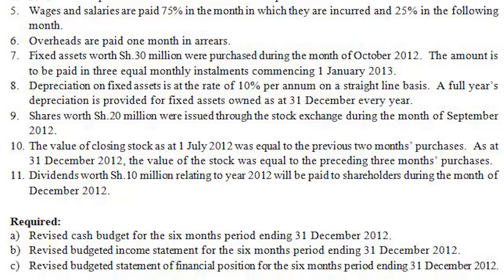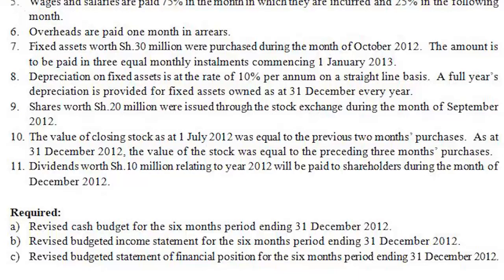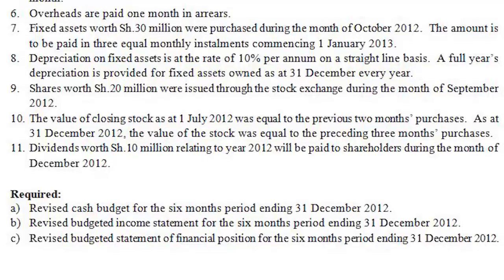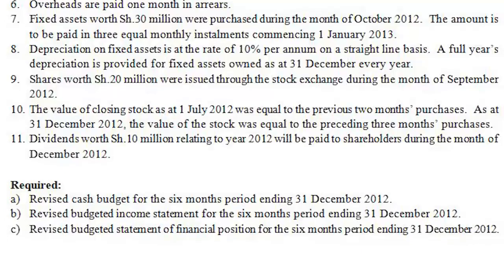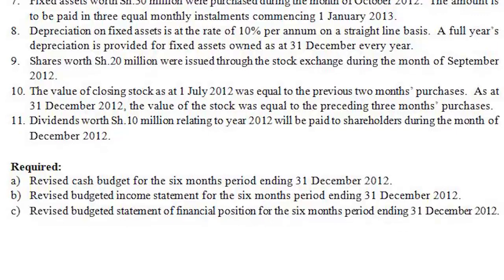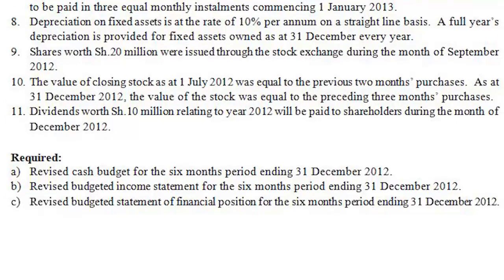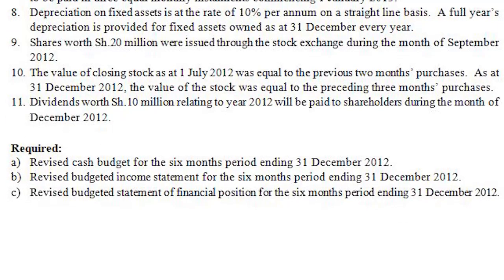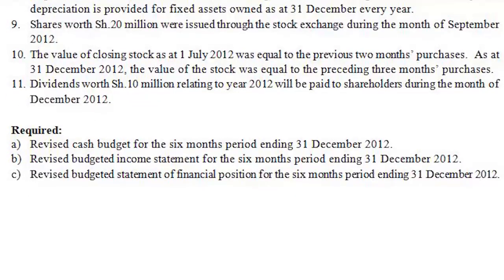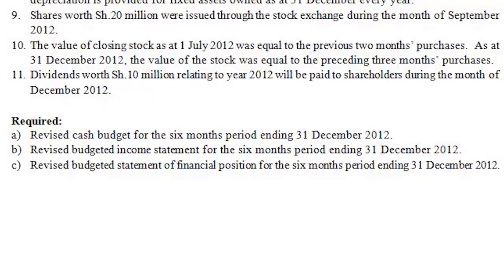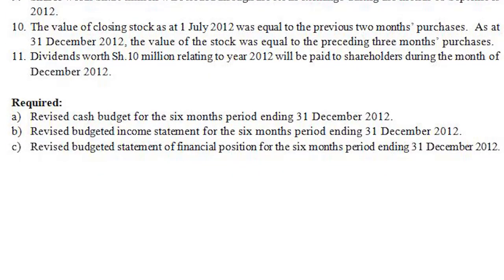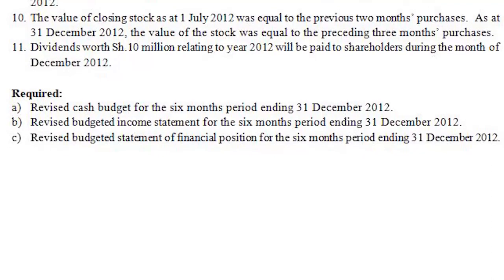Number 10, the value of closing stock as at 1st of July 2012 was equal to the previous 2 months purchases. As at 1st of December 2012, the value of the stock was equal to the preceding 3 months purchases. 11, dividends worth shillings 10 million relating to year 2012 will be paid to shareholders during the month of December 2012.